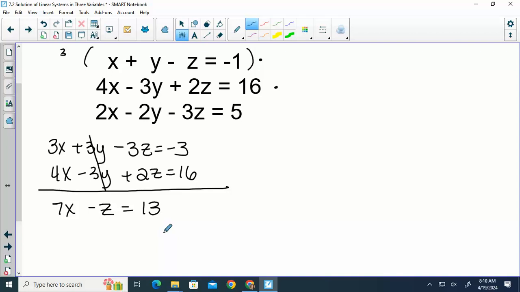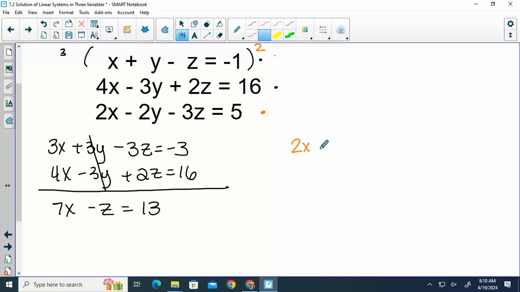So what we're going to do now is go back. We have not yet used the third equation, so I'm going to use the third equation, one of the other 2, and I need to eliminate the same variable that I just eliminated. The first time I eliminated y, so I need to eliminate the y from this one. Which one do you want to pair it with? The first equation or the second? First. And if I wanted to eliminate y, now I'd have to take the first one times 2.